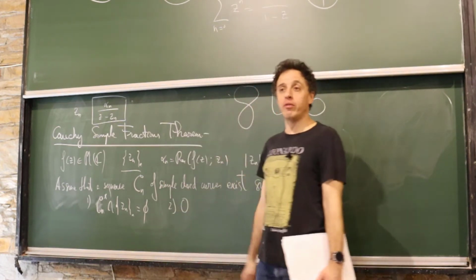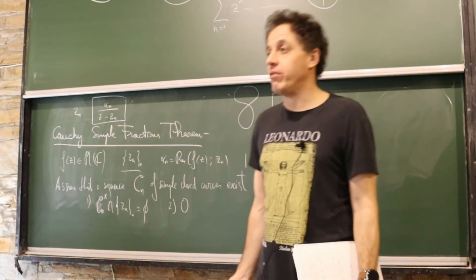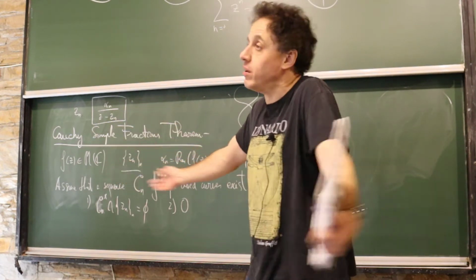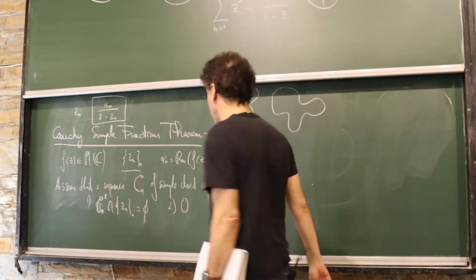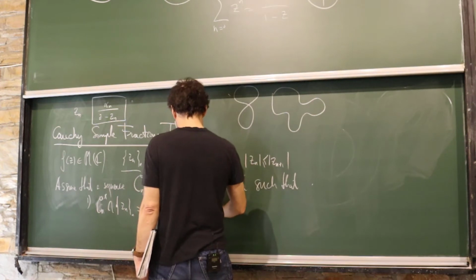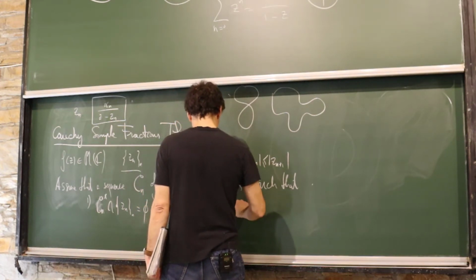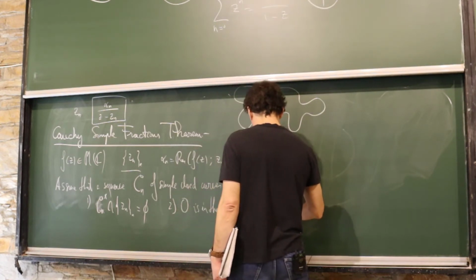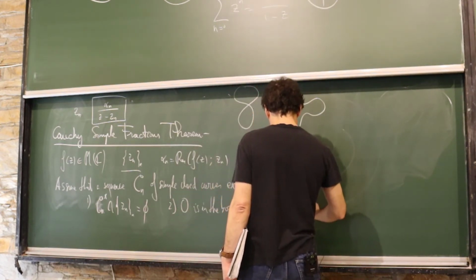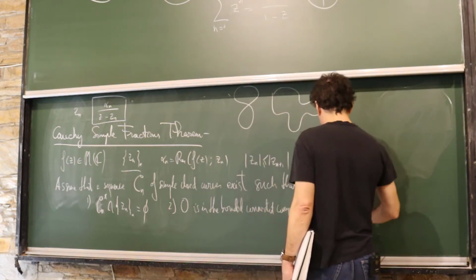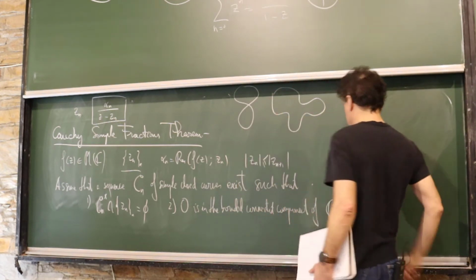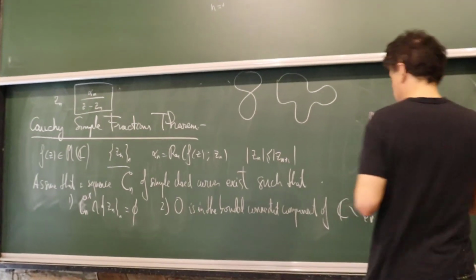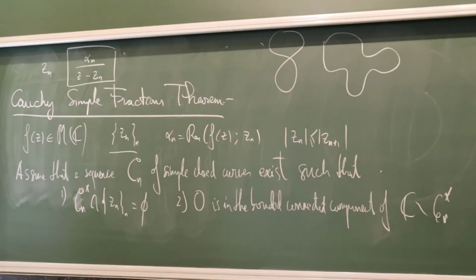A simple closed curve, by the Jordan curve theorem, divides the plane in two connected components, one unbounded and one bounded. So 0 is in the bounded connected component of C minus Cn. Okay, 3, I continue on the right, 3.